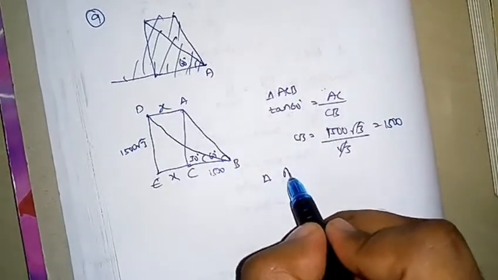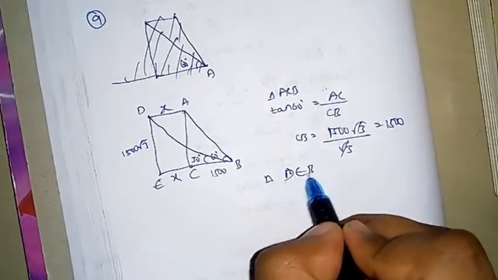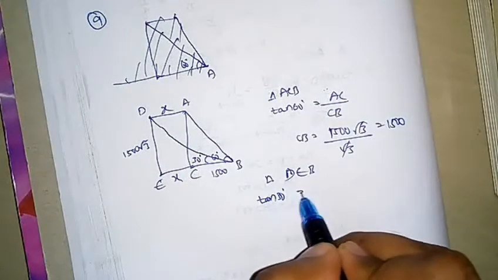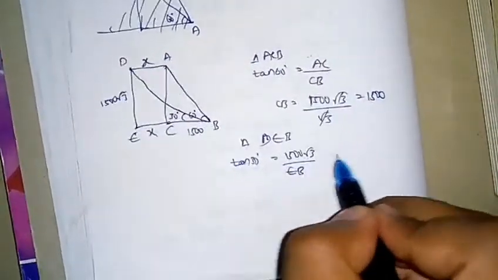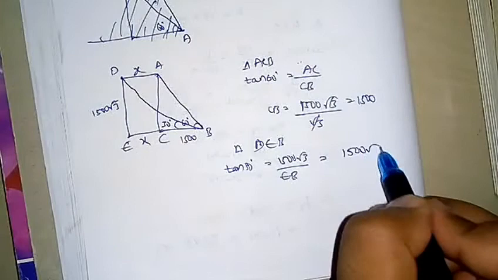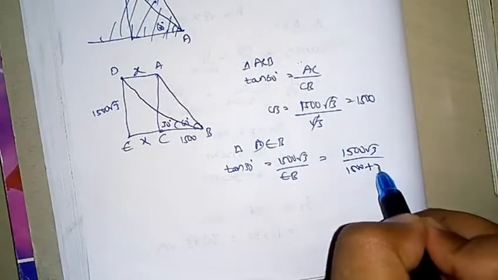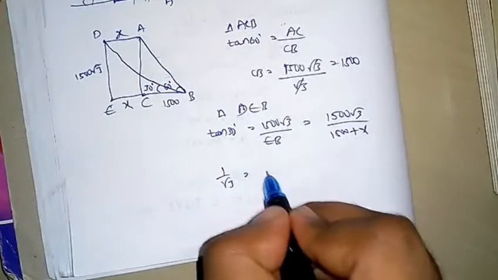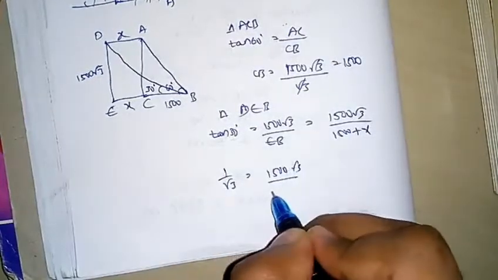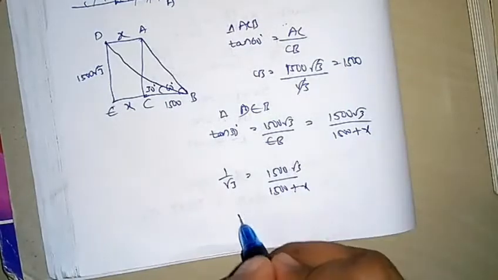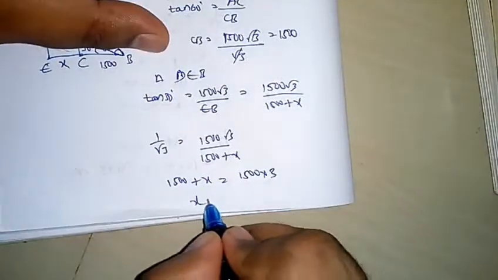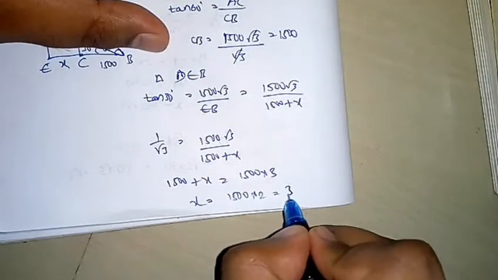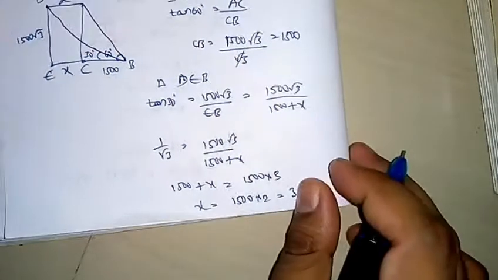Now in triangle DEB, tan 30 degrees is equal to the opposite side 1500 root 3 by EB, which is 1500 root 3 by 1500 plus x. Tan 30 is 1 by root 3, which is equal to 1500 root 3 by 1500 plus x. So 1500 plus x is equal to 1500 into 3. x is equal to 1500 into 2, which is 3000 meters. We got x as 3000 meters.